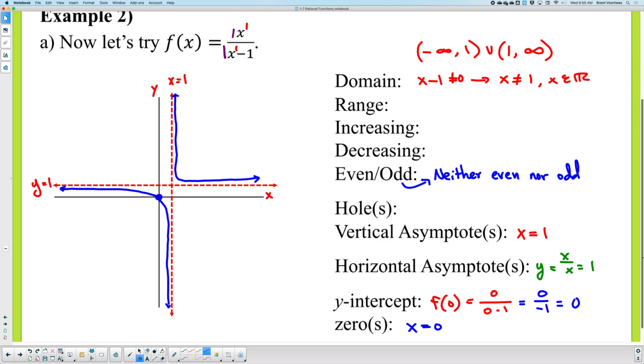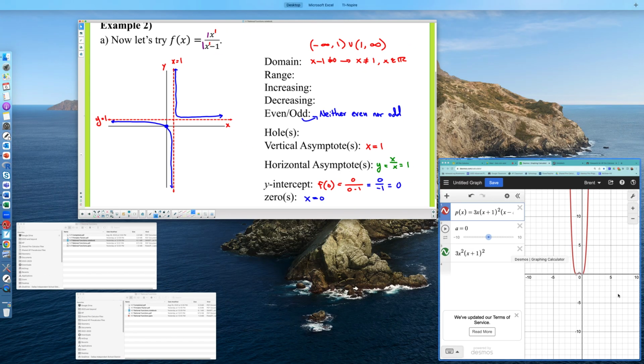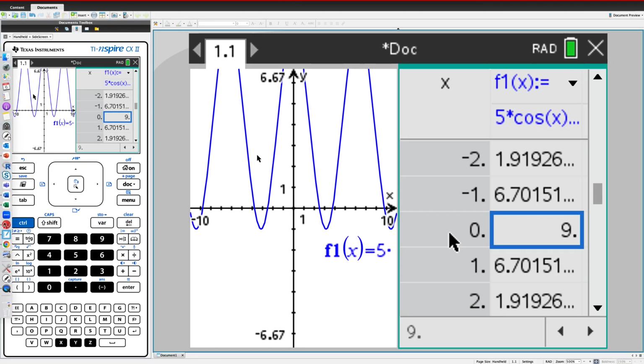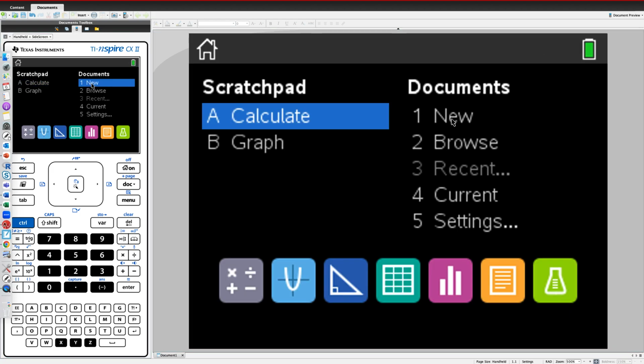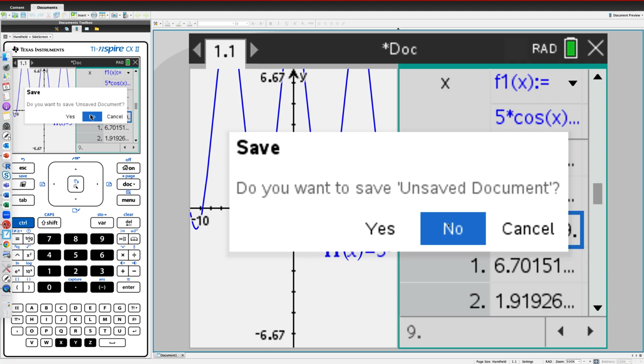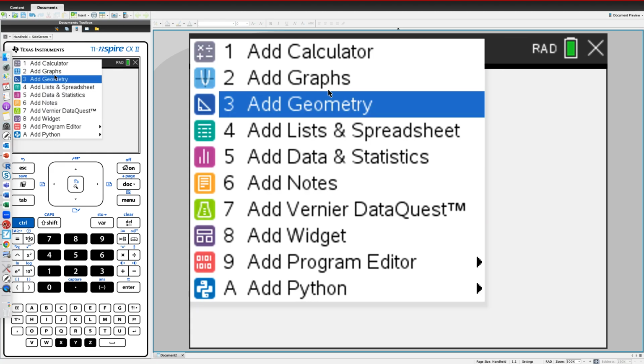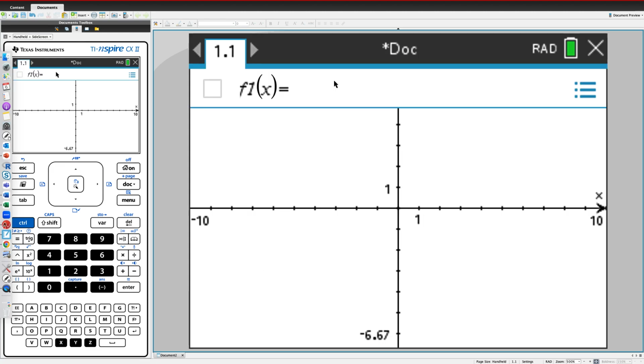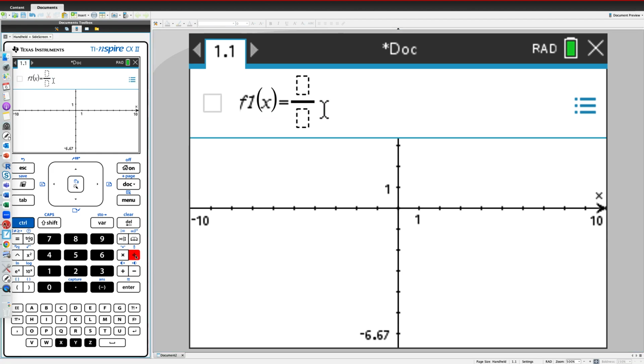You don't know. Let me just show you. Really quickly, I'm going to go to the calculator. Let's play around for a second. Open up your calculator. Go to new document, don't save. Let's explore for a second. Press Control Divide to get a division.